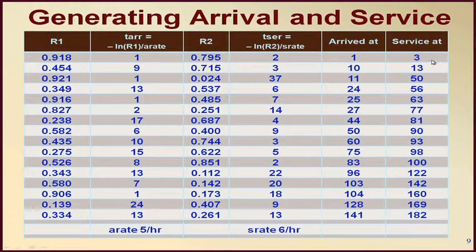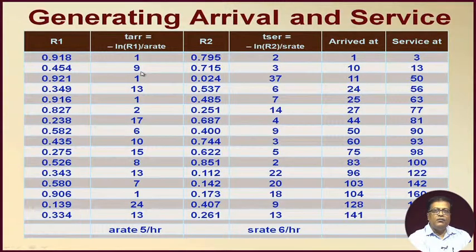That is, the first person goes out at the 3rd minute. The second person arrives after 9 minutes. That means the second person comes at the 10th minute and needs 3 minutes of service time. So at the 13th minute the second person goes away, but the third person comes 1 minute later, that is at the 11th minute. So in this case, we have to do a very simple calculation.